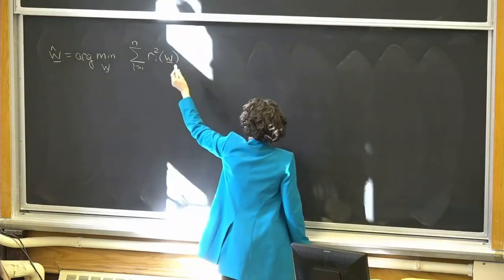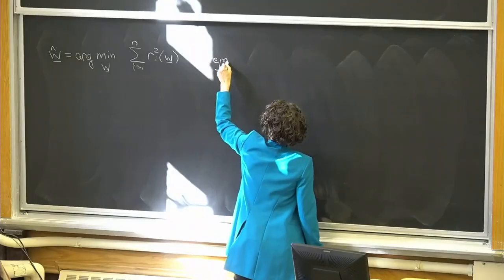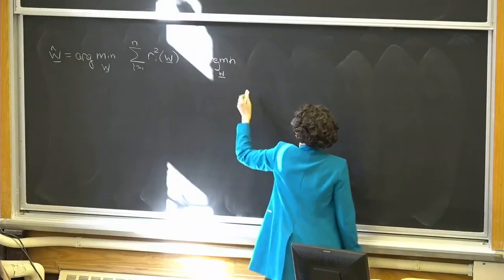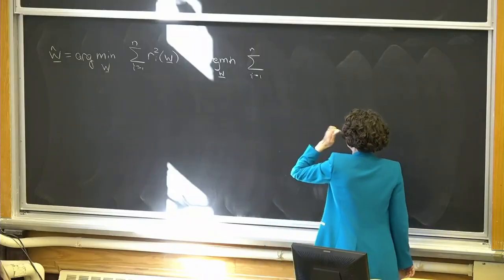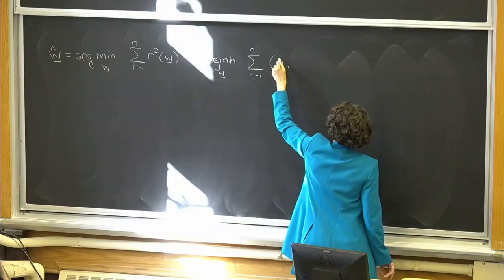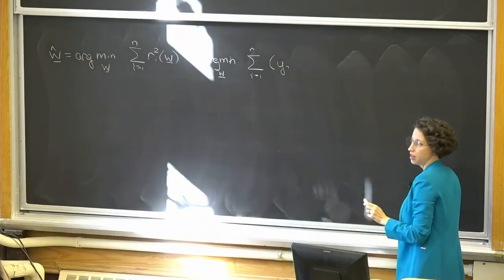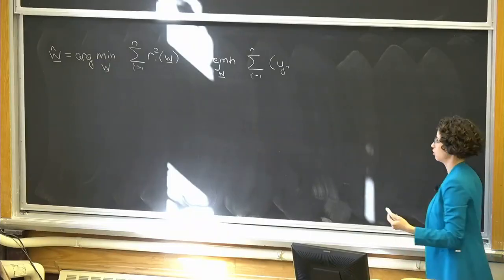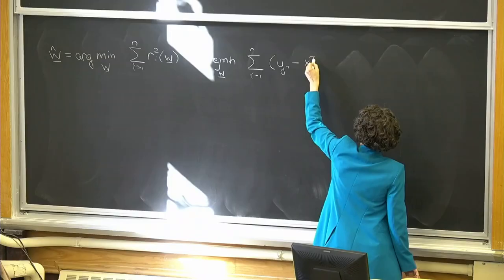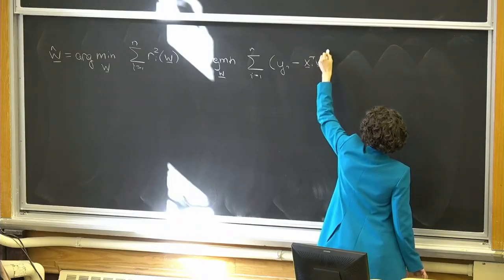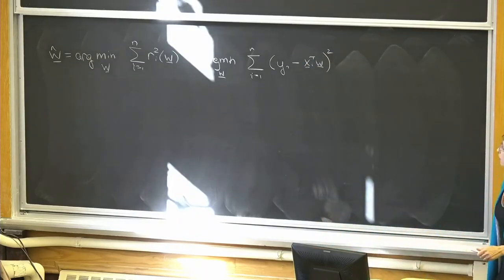Expanding that a little bit, this is the sum from i equals 1 to n, where the residual is just the difference between our training label y_i and what we get out of this least squares predictor, which is the inner product of x_i and w, and then square that. So our w hat is going to make this sum of squared errors as small as possible.